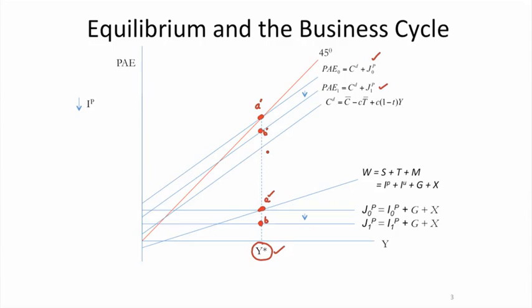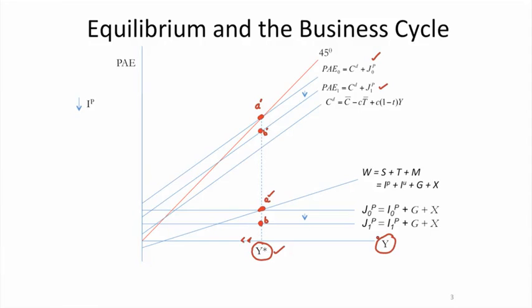Well, we have a story about what happens in circumstances like this. The story is that disequilibrium will not persist. Firms will adjust their production. Firms are observing an unexpected increase in their inventories. Firms, therefore, cut back on production. So the economy's GDP starts to fall, the economy's income starts to fall.